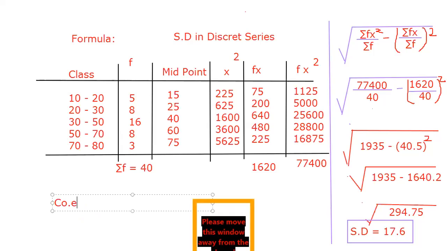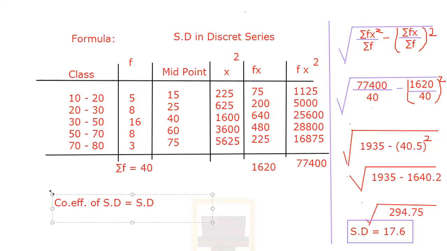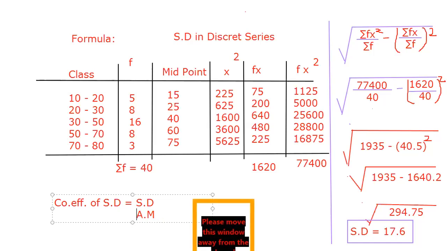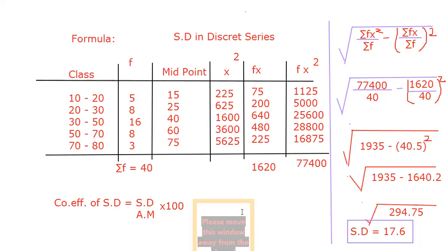Coefficient of standard deviation, please remember this, is equal to standard deviation divided by arithmetic mean, that is x bar, into 100.